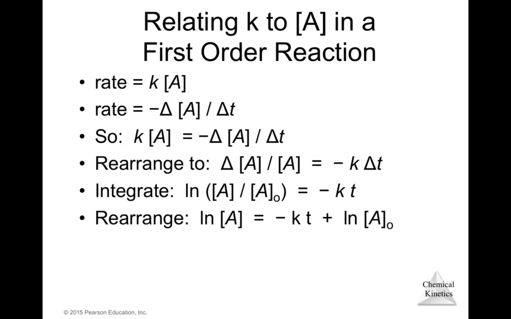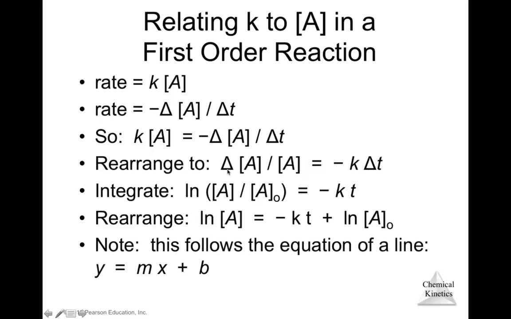And at the end, we're going to have something like this: the natural logarithm of the concentration of A is equal to minus K times time plus the natural logarithm of the initial concentration of A. This is the expression of the first order reaction. It's interesting because this expression is similar to the equation of a line. This will be y, this will be mx, and this will be b. y is equal to mx plus b.